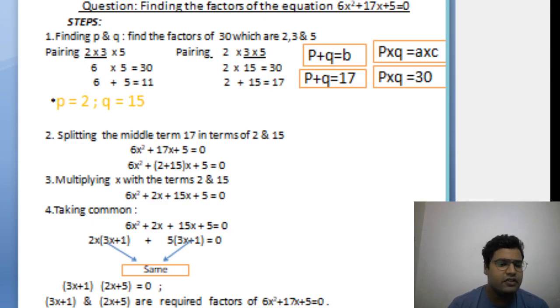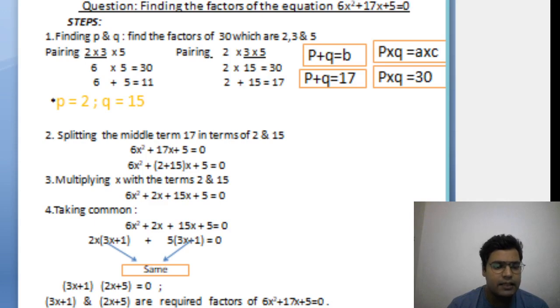See, I have spoken about the conditions of these two brackets in the previous slide, that these two brackets will always be the same. Since that was a general question, there were too many variables, a, b, c, p, and q. So that's why we were not getting the same brackets.